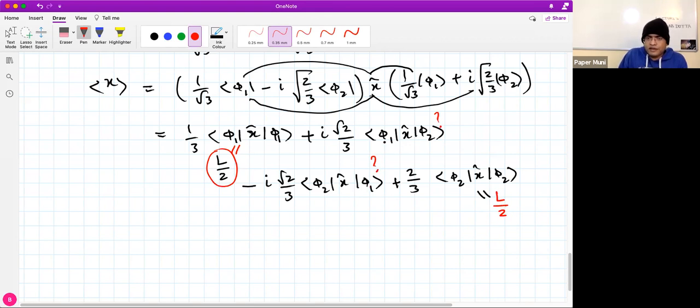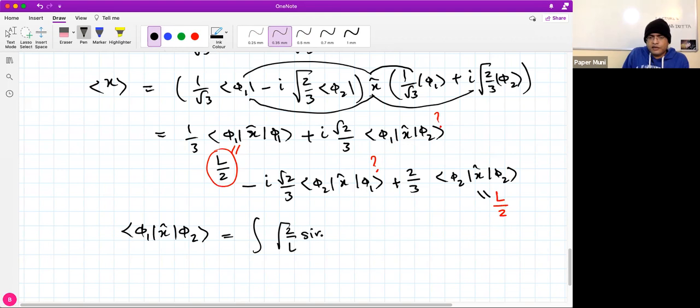So you can see that since these wave functions, phi 1 and phi 2, are real, these two will give you the same result. If you want to write down this equation, what will you write? This is root 2 by L sine pi x by L, 0 to L, and this is the x operator. And then we have root 2 by L. If you want to take a conjugate, that doesn't matter here.